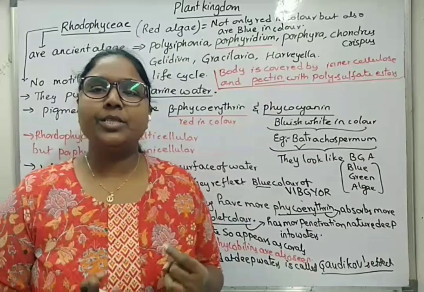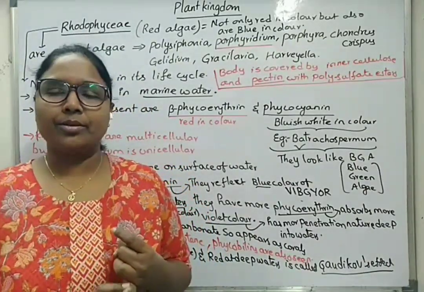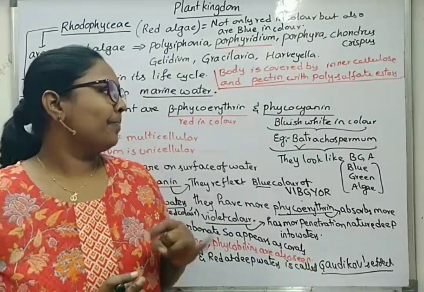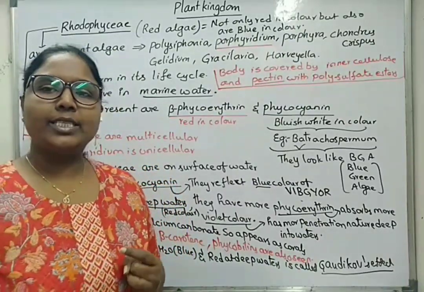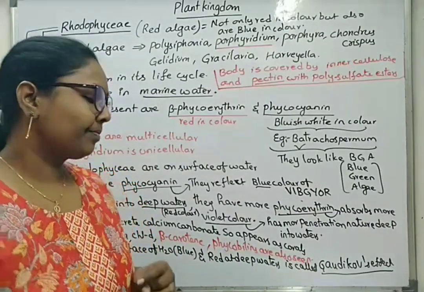In Chlorophyceae members, we have seen the reserve food material is starch. In Phaeophyceae members, the reserve food material is laminarin and mannitol. Like that, in Rhodophyceae members, the reserve food material is floridean starch.